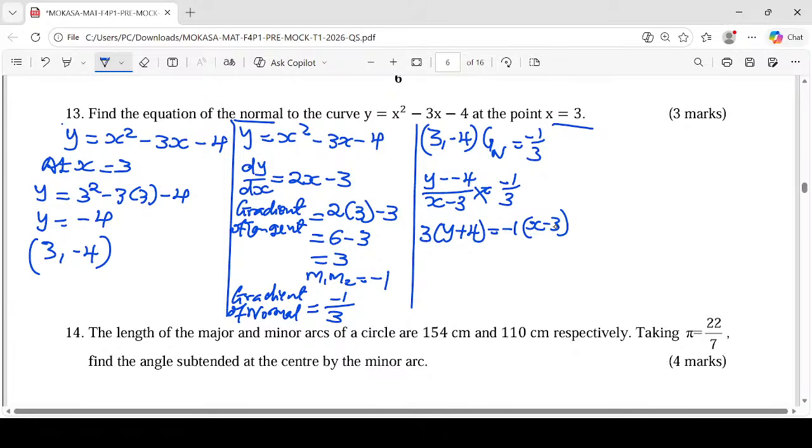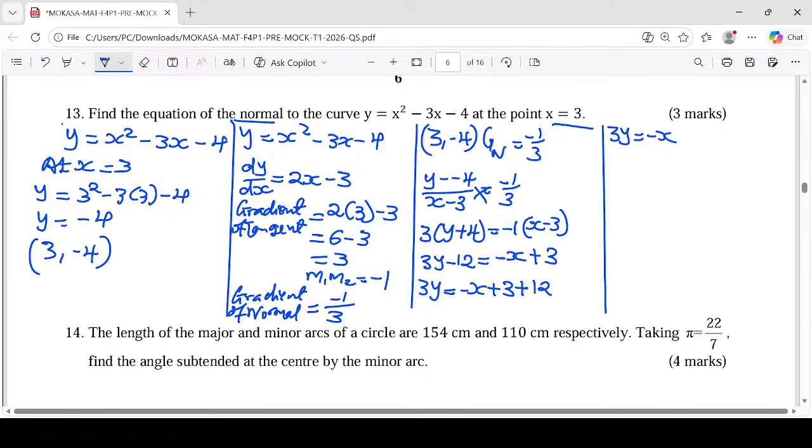This will be 3y minus 12 being equivalent to -x plus 3. This will be 3y is equal to -x plus 3 plus 12. We are progressing very, very well. So when you are here, this will be 3y is equivalent to -x plus 15.